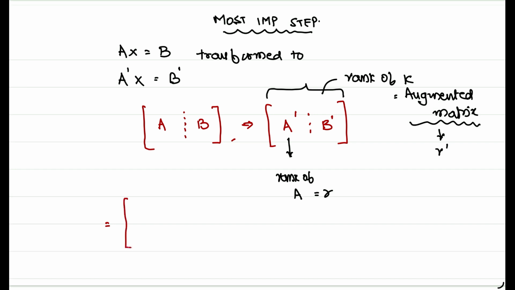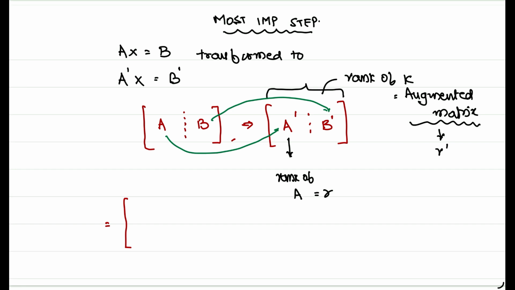After row operations, let me say A has become A dash, because we are operating simultaneously on both A and B. X we are not operating on. B has become B dash.